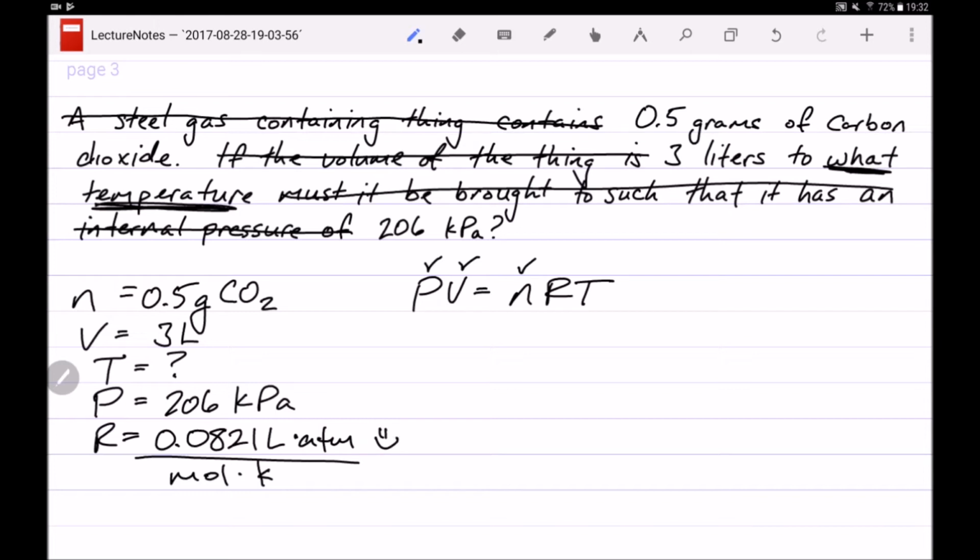Yay. So I always have R, and I'm looking for T. I have one equation and one unknown, which means I can algebra. So let's algebra. We're solving for T, so let's move n and R to the other side. Bing. So T equals PV over nR.